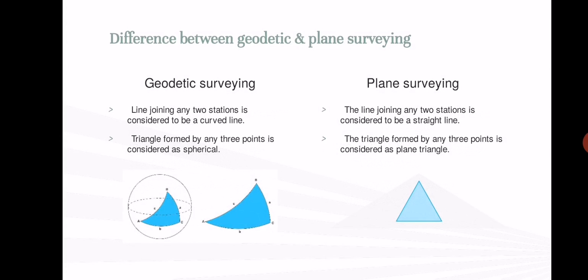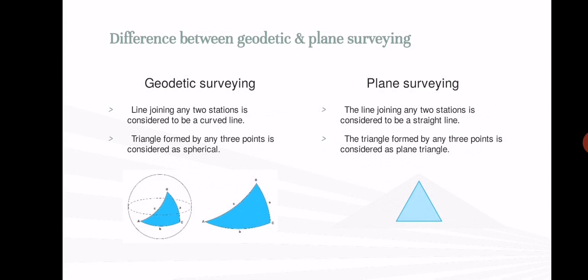In geodetic surveying, the line joining any two stations is considered to be a curved line. As you can see here, the line between the 2 points A and B is curved, or you can take any 2 points A and B, B and C, or A and C. The line in between any 2 points is curved and not straight.